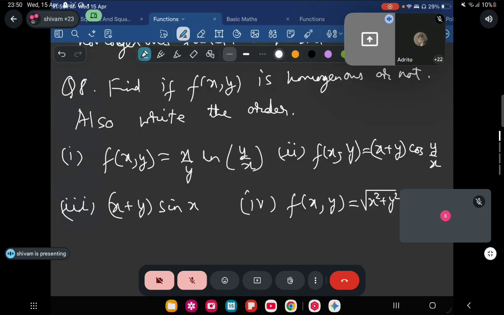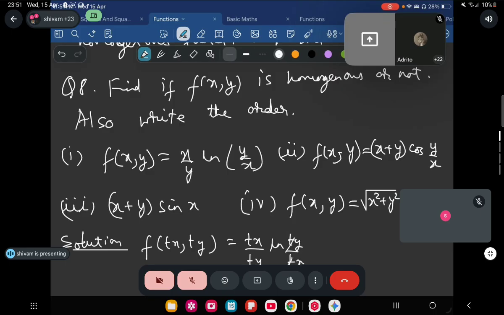Okay, everyone, I'm going to solve part 1. Pay attention. You just need to substitute tx and ty. Yes, Adrija, part 1 is correct. Shinika, part 1 is correct. Pay attention. I'm going to substitute f of tx comma ty. f of tx comma ty will be equal to tx by ty and over here ln of ty by tx.